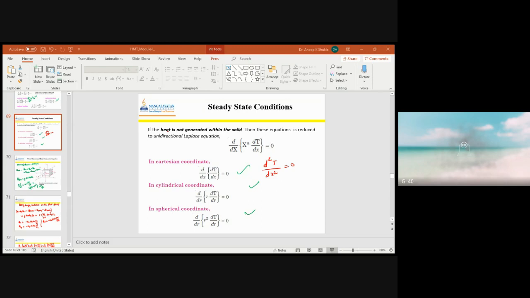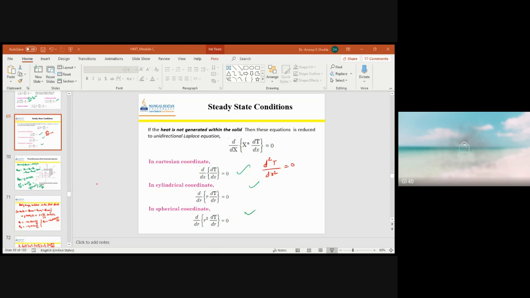Similarly, the rate of change of internal energy of this differential volume, stored within the system, is del E upon del t. This can be calculated as the heat capacity of this element, m c, multiplied by the change of temperature with respect to time, so m c del T upon del t.